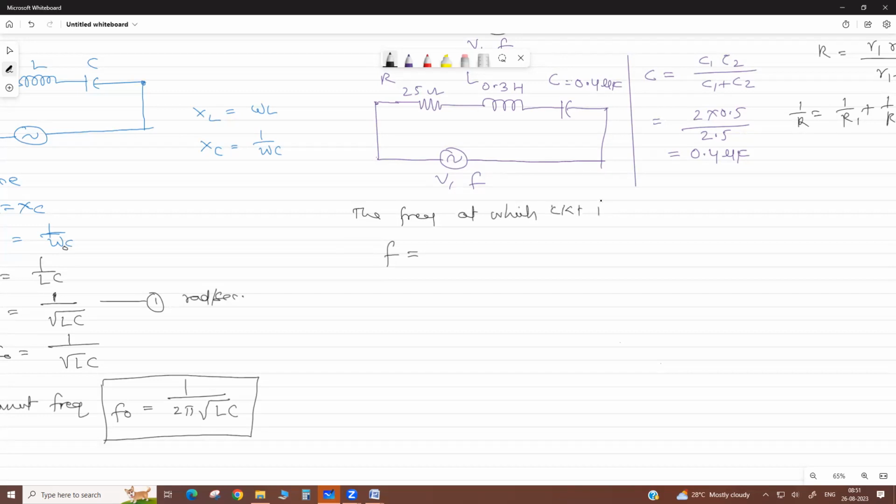F naught equals 1 by 2 pi under root LC.